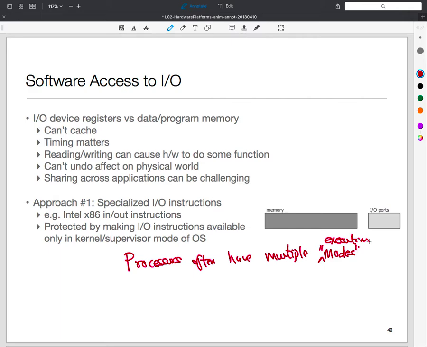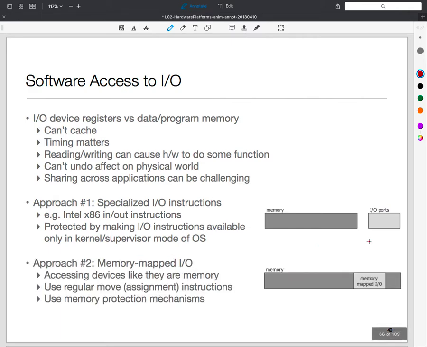The second approach, as you might gather from it, is to think of the whole thing as one address space. In that case, there's nothing special about I/O. There are just certain addresses in my memory address space. So the same instructions we use to read and write to memory addresses are also what I use to read and write to the I/O.